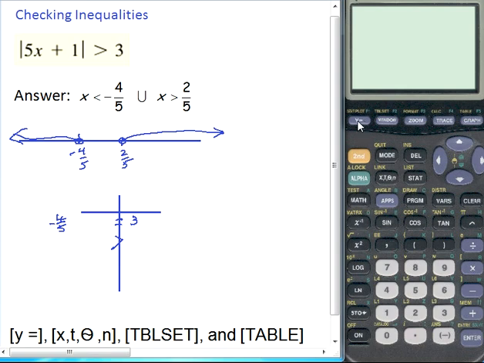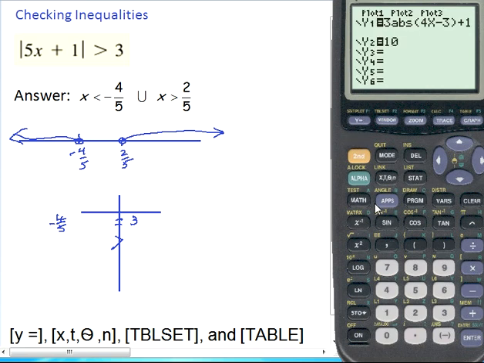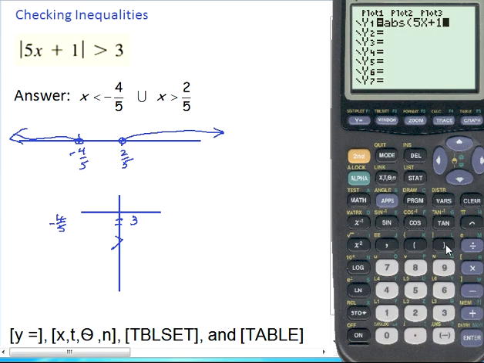Alright, so let's go to y equals, turn the calculator on, y equals, and let's put in the absolute value. Well, let's clear out what's in there first. And let's go up to absolute value, which is on the math, and go over to num, and absolute value is the first thing again, of 5x plus 1, close parentheses.